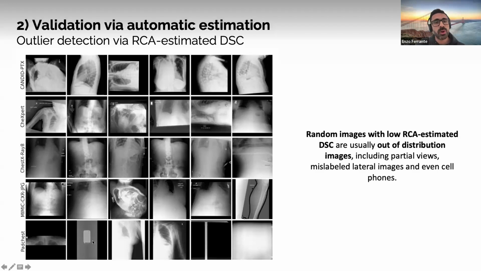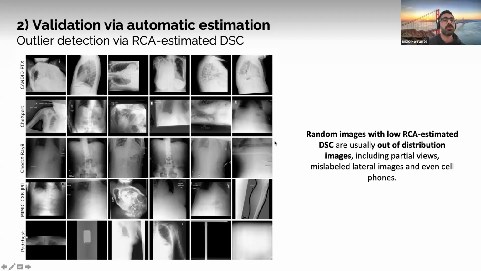Even cell phones were there in these data sets. And that's another learned lesson: when you are working with public data sets, be careful with what is there, because you may even have cell phones or images of a leg in a data set that claims to be only chest X-ray images. And the nice thing is that with our method, we could detect those.